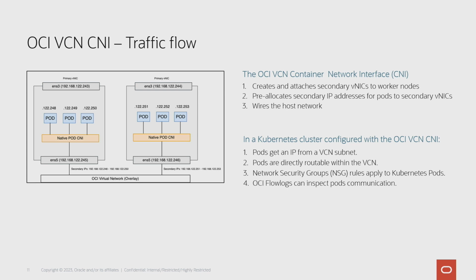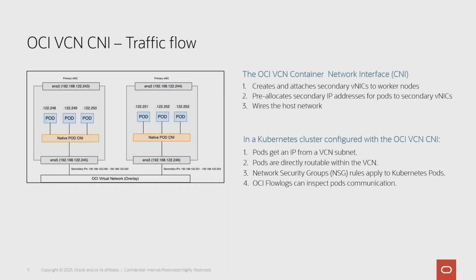So if .248 wants to talk to .249, when the traffic originates from .248, native pod CNI knows that the destination .249 is sitting in the same worker node. And that is when it won't send the traffic all the way towards the secondary VNIC. It will make sure that the traffic stays local to the worker node, and using IP VLAN trunking, it would simply send the traffic to .249.